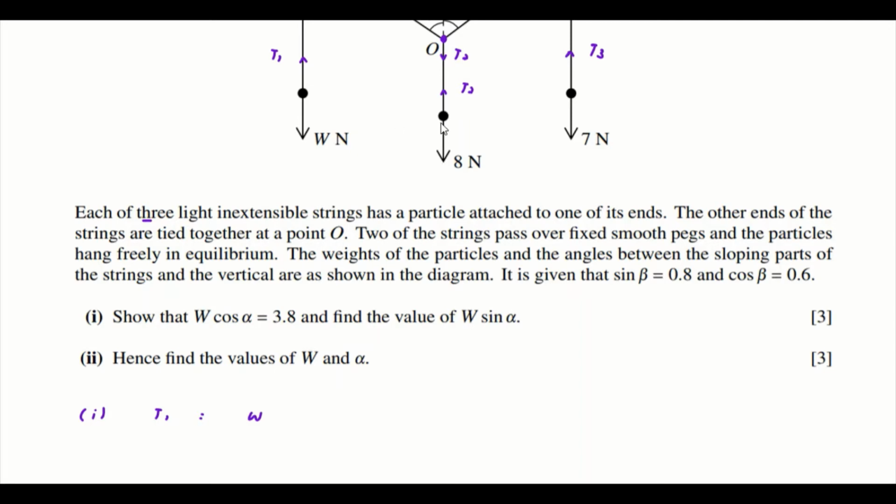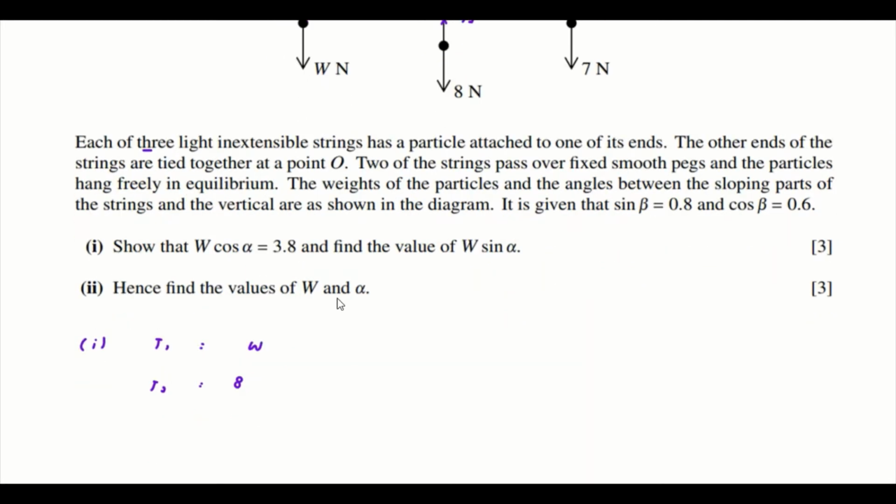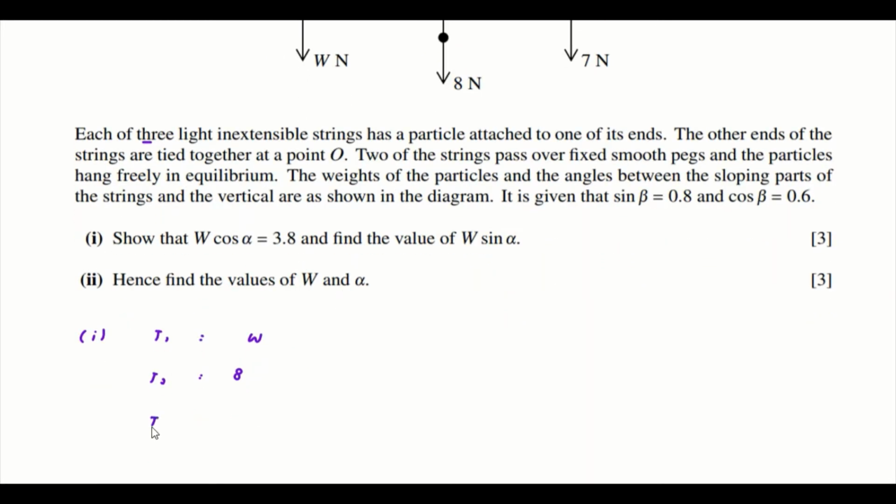So there are only two components, one going up is T2, one going down is 8. So in this case, we can actually straight away find our T2 already. So T2 will be equal to 8. Okay, so similarly for P3, T3 here, we have this one. So the forces acting on this particle are also only 2. So we can straight away solve that T3 is actually equal to 7.